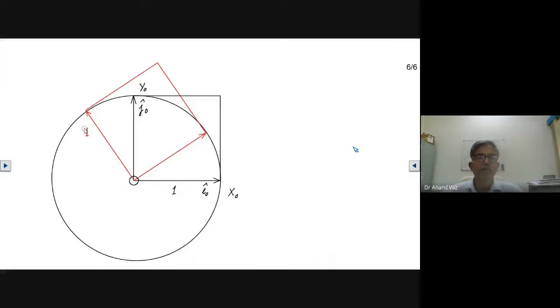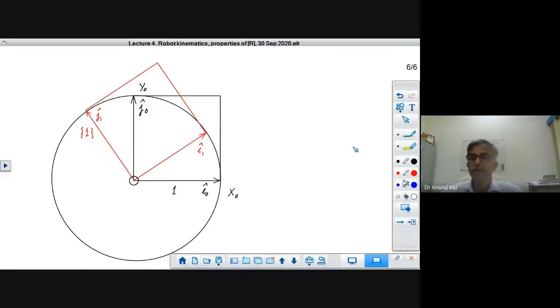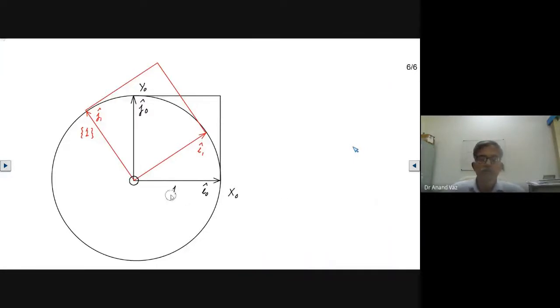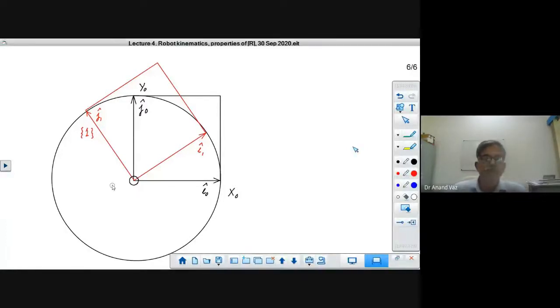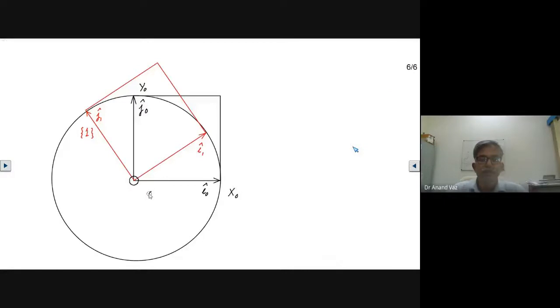The frame is indicated like this. It's frame 1. This vector here is I1, and this vector here is J1. The magnitude of all these unit vectors is 1. This is frame 0, which is in black.